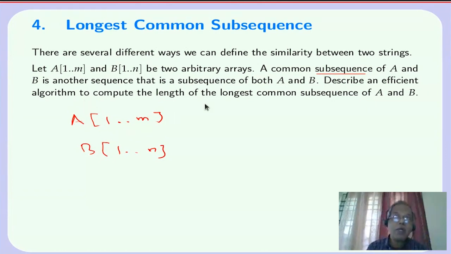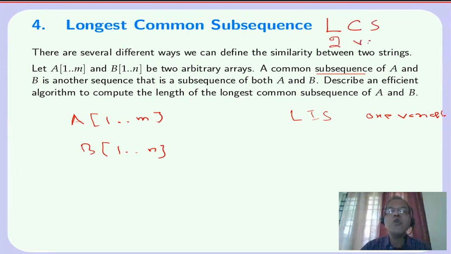If we have solved the longest increasing subsequence, now we have enough understanding to solve this problem. Whereas LIS recurs on one variable, let me call this LCS, longest common subsequence. LCS will recur on two variables, L of i, j.